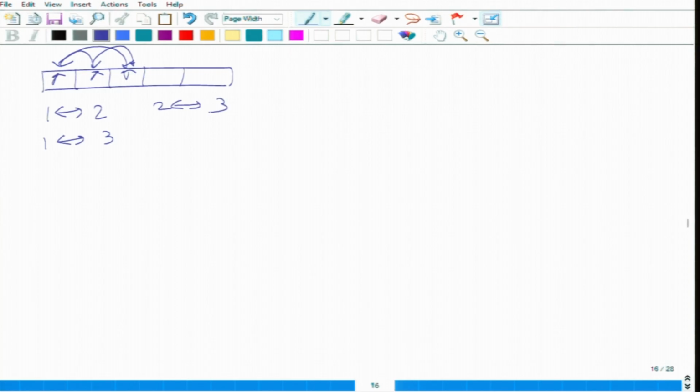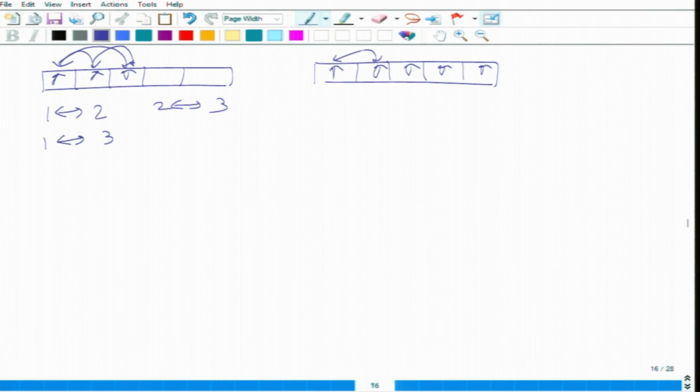So, 3 exchanges will be possible. Now, if there are 5 electrons, what will be the possible exchanges?